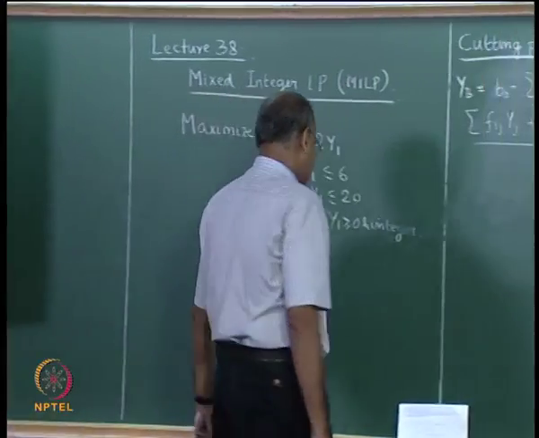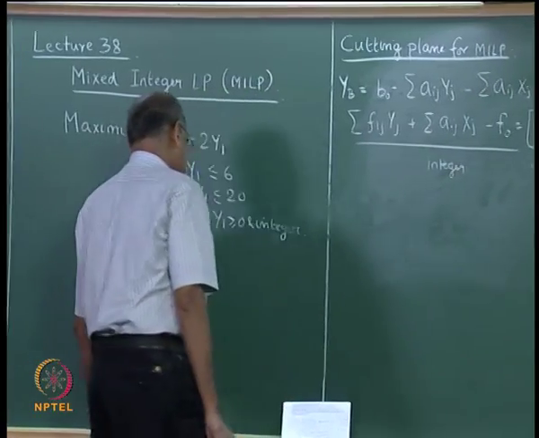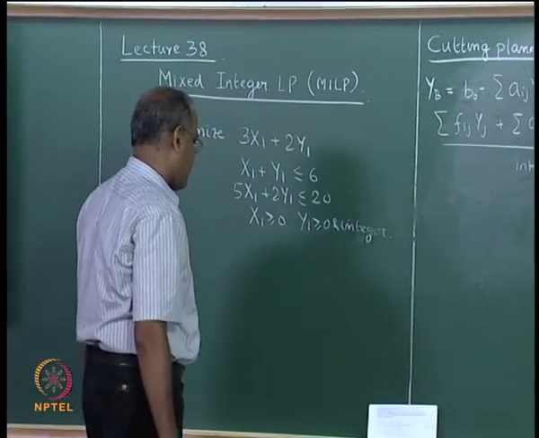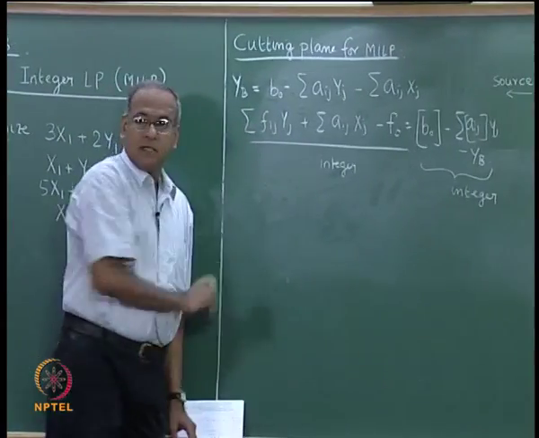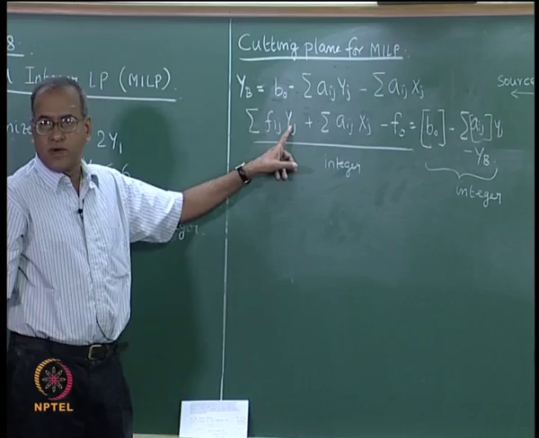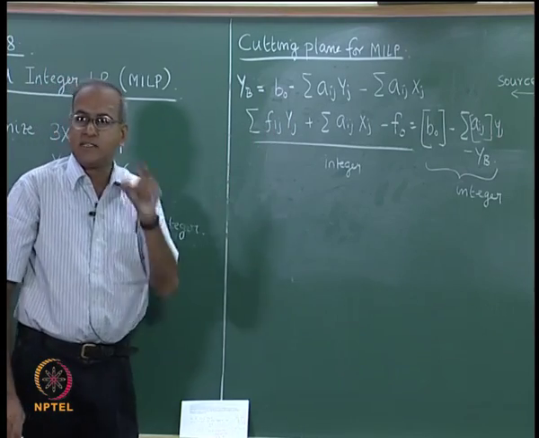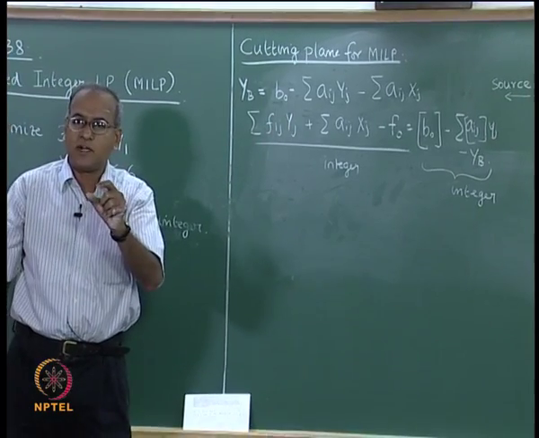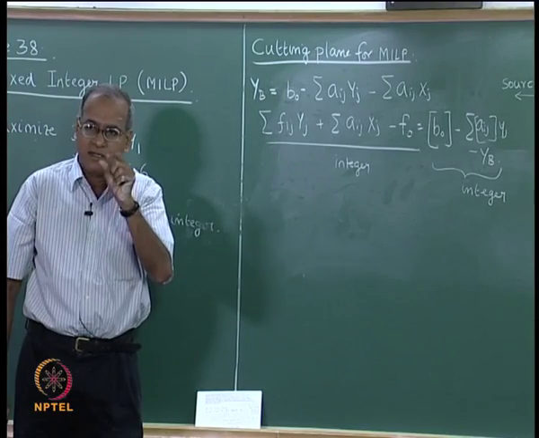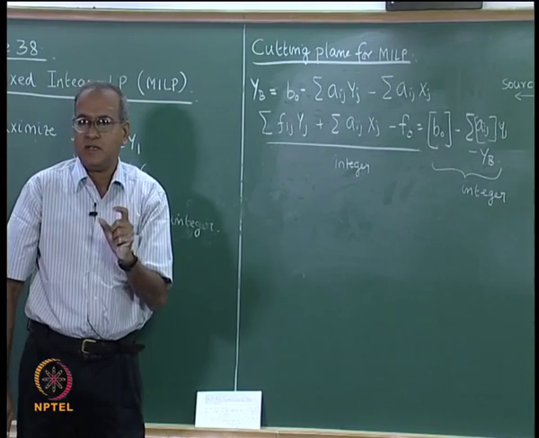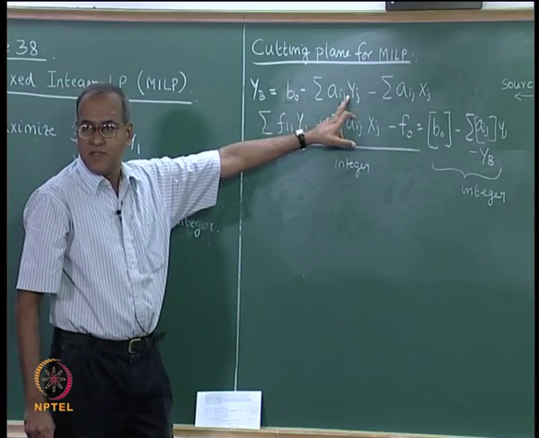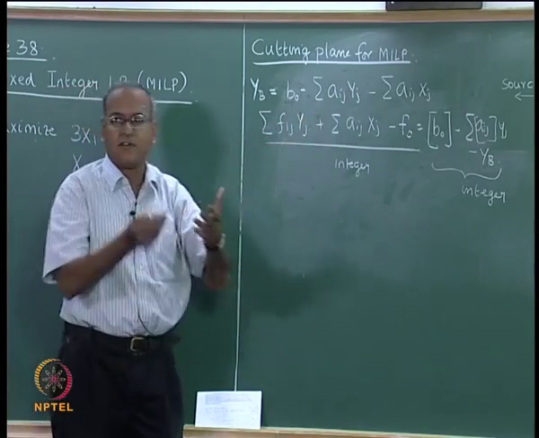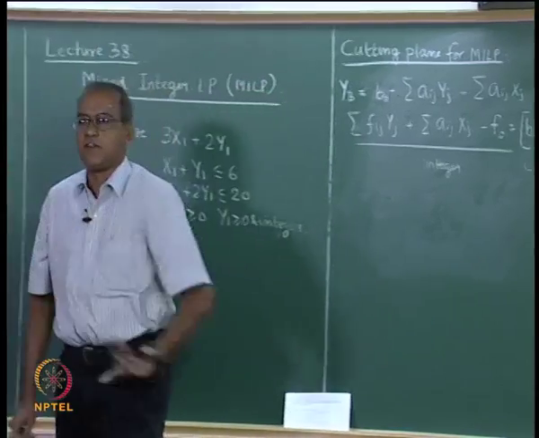Now, then we look at this. Remember, Yj's are all greater than or equal to 0 and these Fij's are positive fractions, because these are taken from these terms, and as I said you have a lower integer value of Aij and a positive fraction.